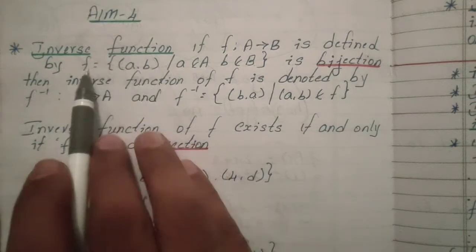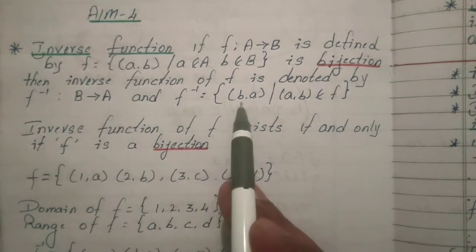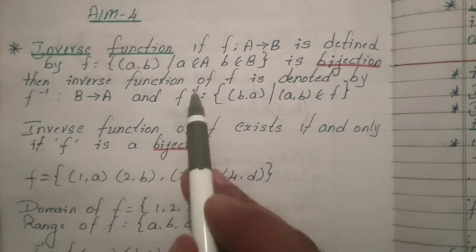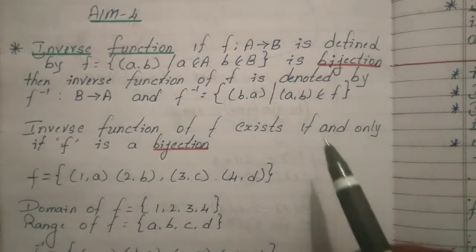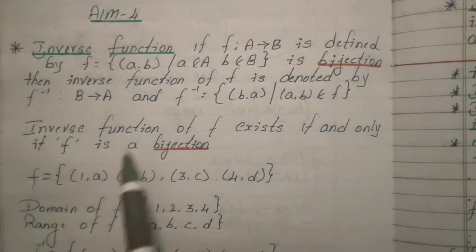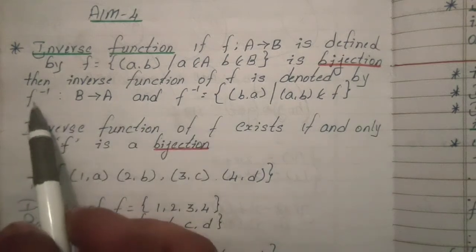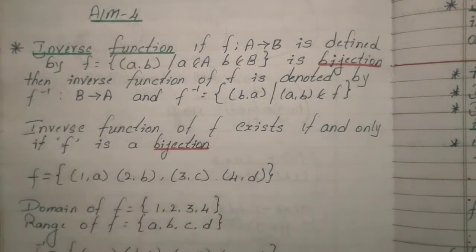If (a, b) belongs to f, then (b, a) belongs to f inverse. If I give an example, you may understand. The inverse function we will denote by f inverse.